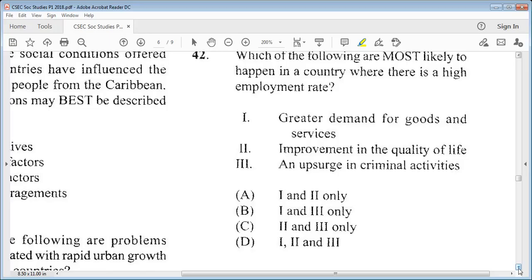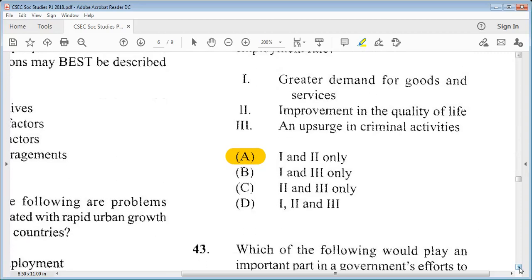Yes. 3, an upsurge in criminal activities. No, because the employment rate is high, so you wouldn't have an upsurge in criminal activity. So 3 would not be a part of our answer. Our answer would be 1 and 2 only. So our answer is A.